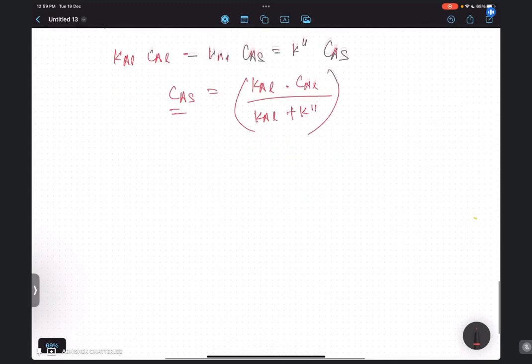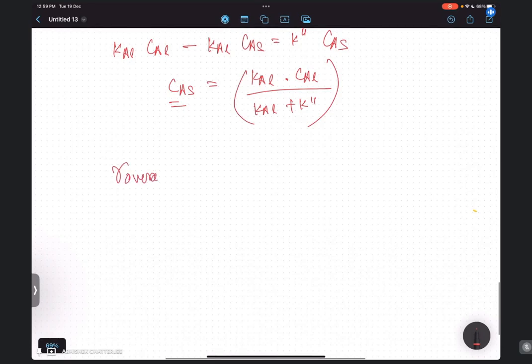Once you find the value of your CAS, you know that your R overall will be equal to your R mass transfer, which in turn is equal to your R reaction. So you can write R overall as K double dash into CAS.